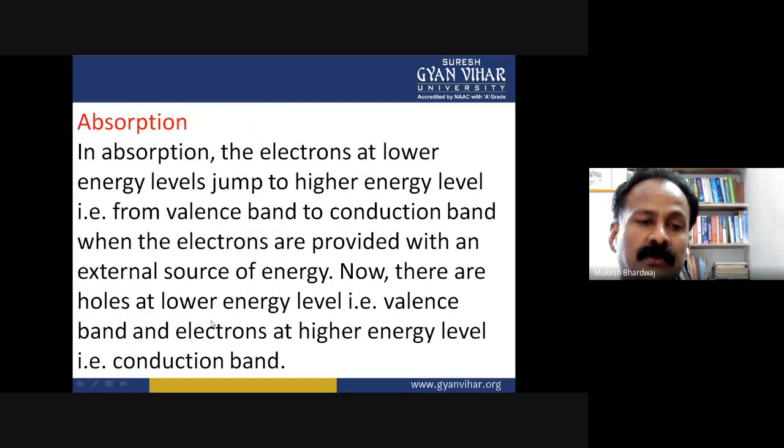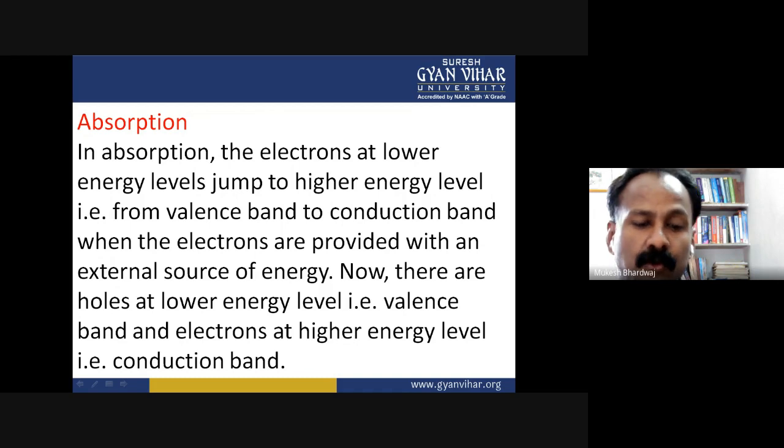First, we understand absorption. In absorption, the electrons at a lower energy level jump to a higher energy level, that is from the valence band to the conduction band, when the electrons are provided with an external source of energy.